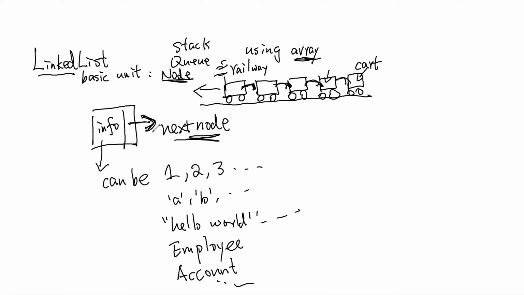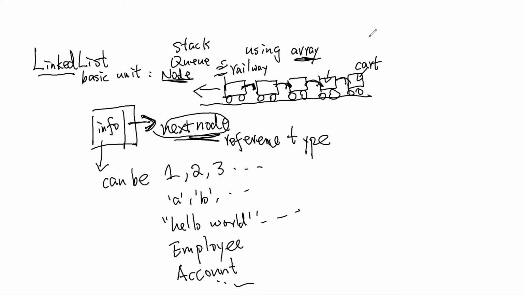So this next node is a reference type. This concept is kind of like the hook. It lets you get to the next node.